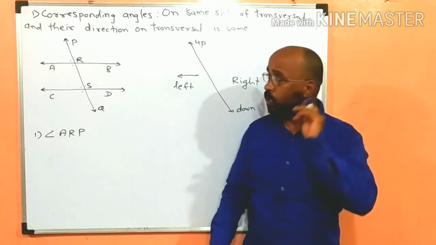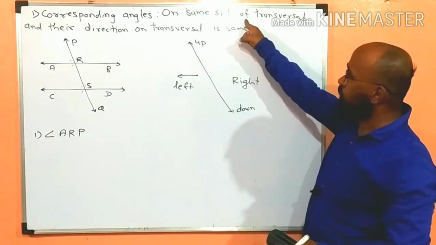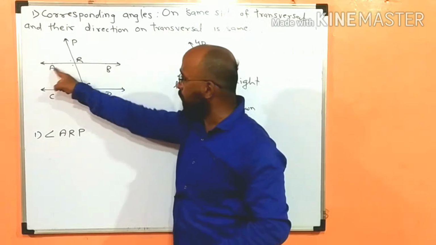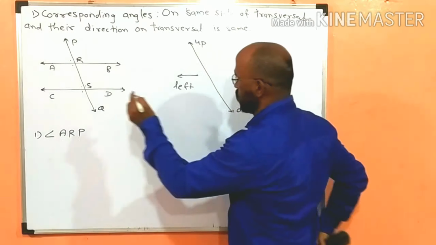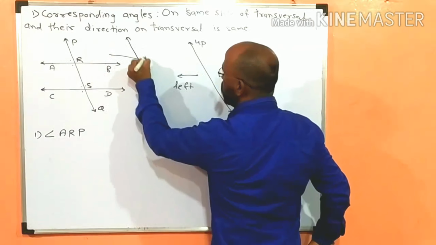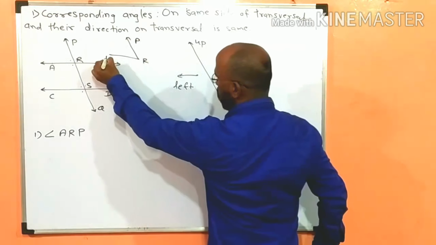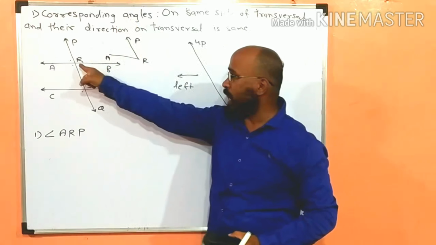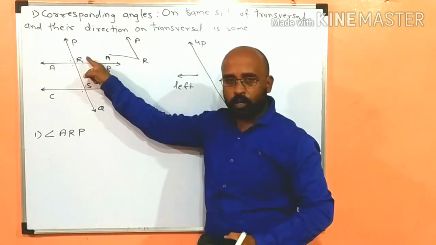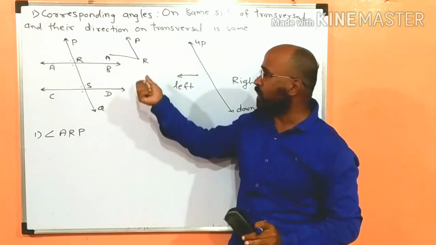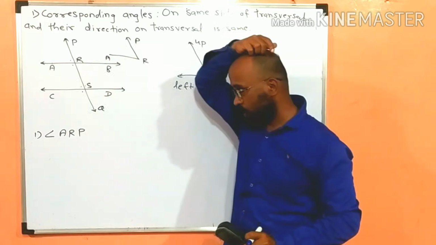First thing. Second, their direction on transversal is same. What is the direction of ARP on transversal? ARP is going like this. RP is part of transversal, right? RP is part of transversal. So direction of ARP on transversal is up. Clear up to this? Now let us see what is its corresponding angle.